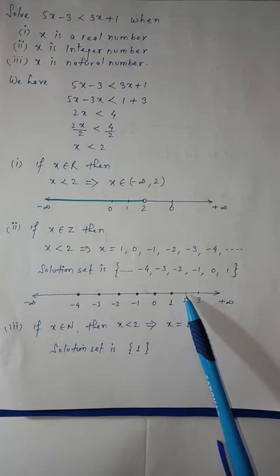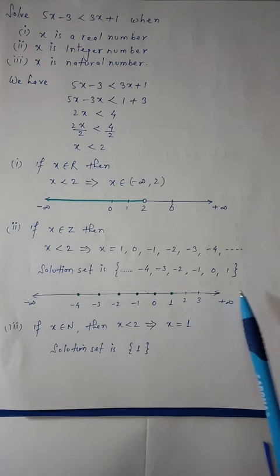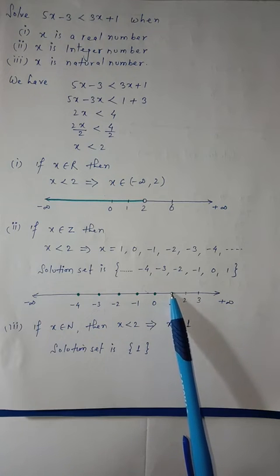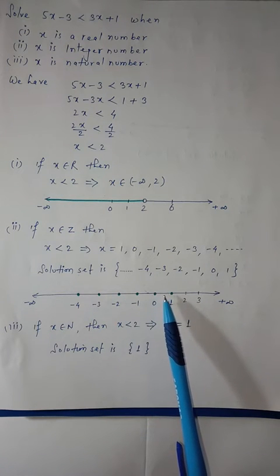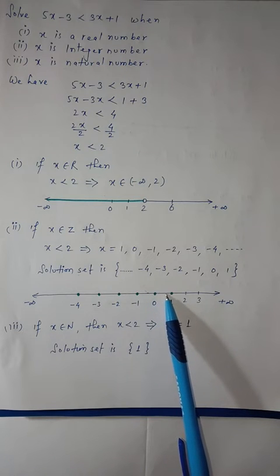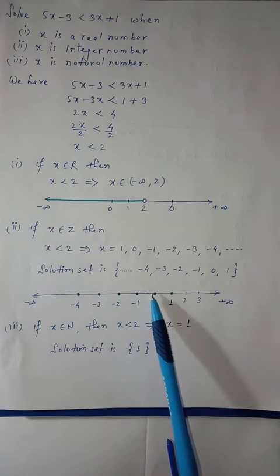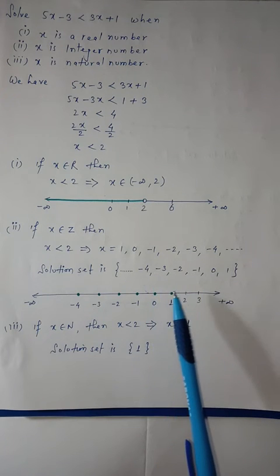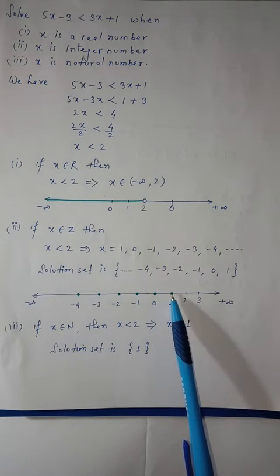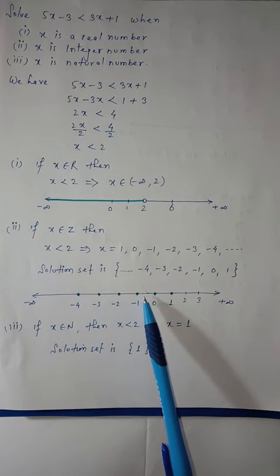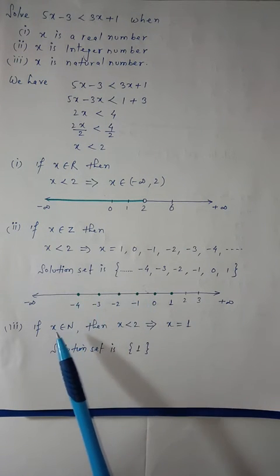There will be no circle on 2 and 3 and no thick line, because if we draw a thick line, it means we are saying that a solution exists between 0 and 1, or minus 1 and 0, which is not possible. So here there are limited solutions, so we show only these solutions by marking solid circles. Okay, I hope it is clear.